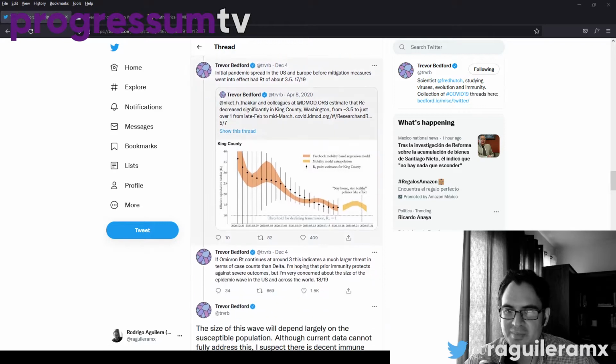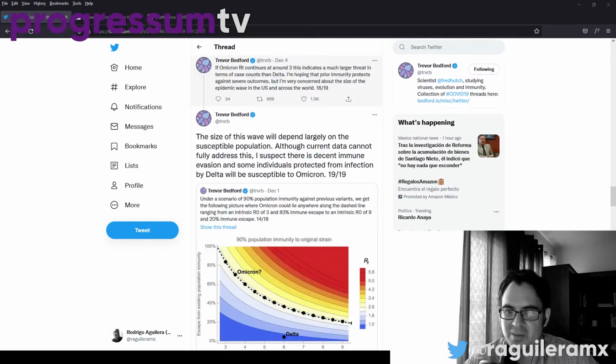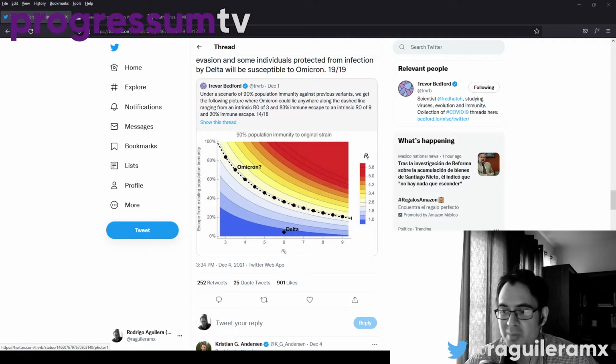Now there are two elements that influence the R value. A, how naturally transmissible it is, so that would be the R naught, but also how much does it escape vaccine protection. So you can have, for example, a variant that has a lower R naught than Delta, but is still more transmissible because it evades vaccine protection much more easily.